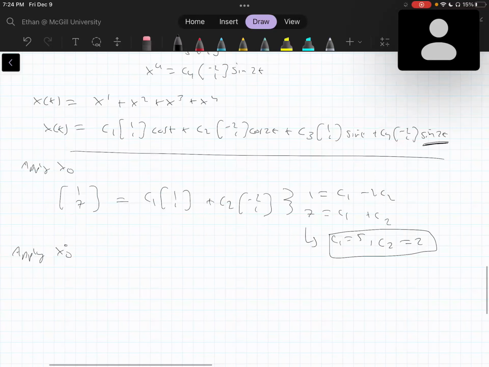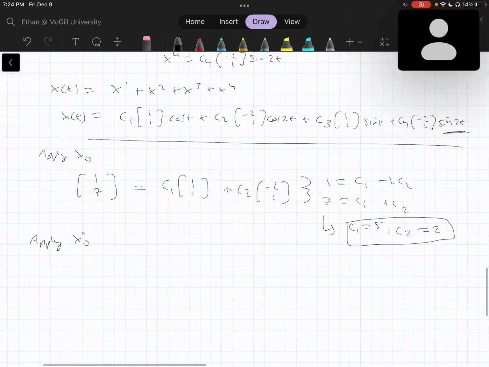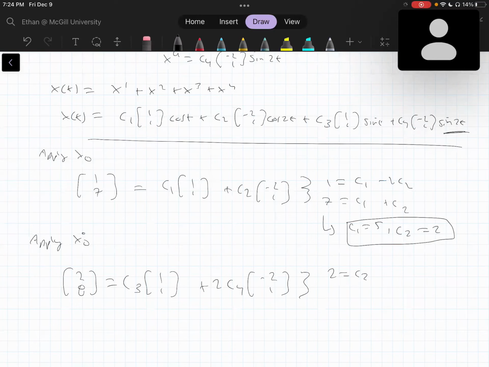Be aware that a 2 will come out on the last term here when we take the derivative. So when we apply x naught dot, we're going to get this vector equal to C3 (1, 1) plus 2 C4 (negative 2, 1). And again, we solve the system of equations that we get from this.